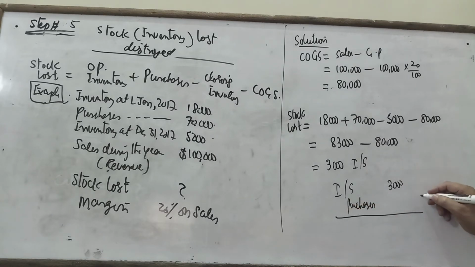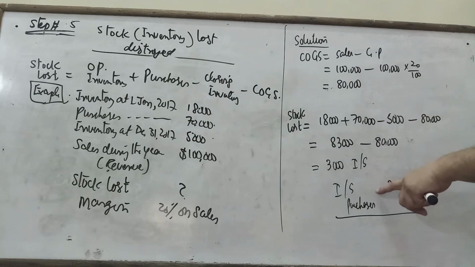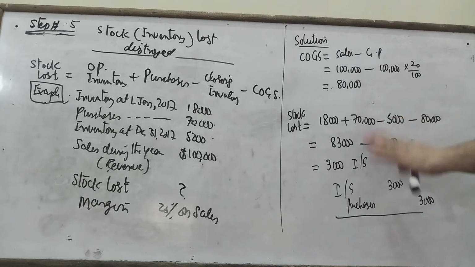Stock loss we will not minus from the closing inventory; we will minus it from purchases. In most past papers you can see the examiner has minused it from the closing inventory, which I think is conceptually wrong. The mark scheme is not always authentic. Whenever you have a stock loss, you have to minus it from purchases and add it as an expense, as a loss, in the income statement. This is the calculation of stock loss.